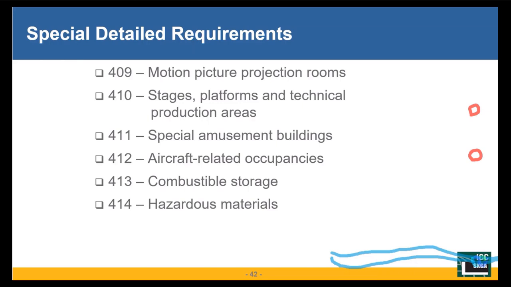Special amusement buildings. At this point in time, I'll talk about a new use the fire marshal introduced in the 2021 or 2022 California Building Code, and it's called puzzle rooms. This relates to amusement facilities that are commonly known as escape rooms these days.